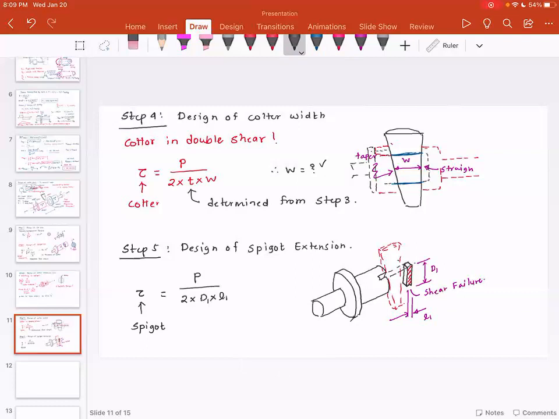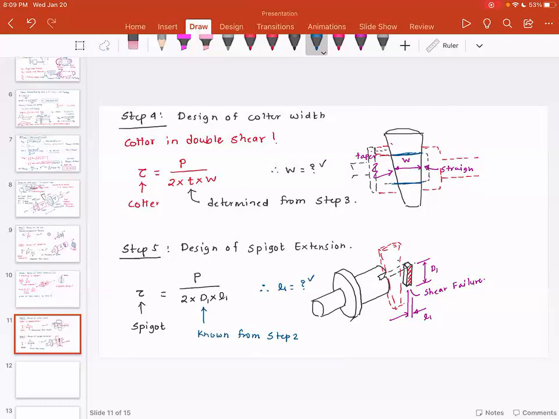Now please note, D1 is known from step 2. So the only unknown here is L1, and from here the value of L1 is known.